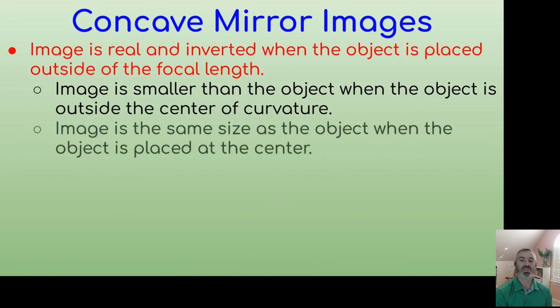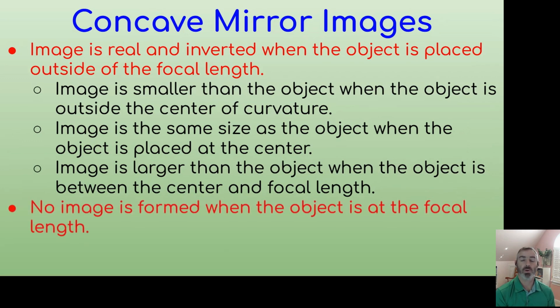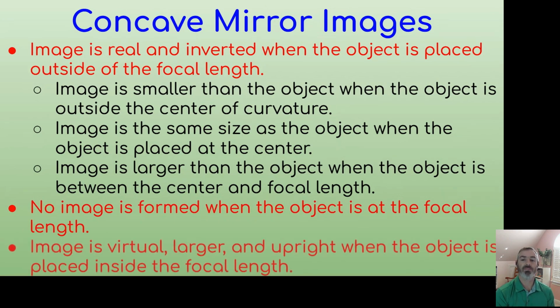The image is the same size when it's placed at the center of curvature. And the image is larger than the object when it's placed between the center and the focal length. If it's placed at the focal length, no image is formed. And if we place it inside the focal length, we have a virtual image that's larger and upright for our object.